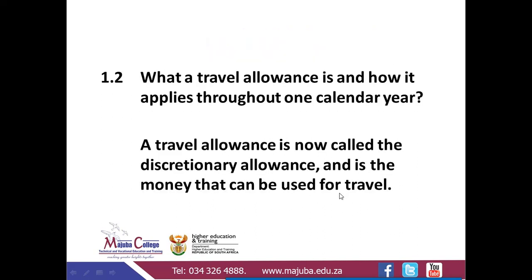Then when we move on, we're looking now at 1.2, still on page 3 of your textbook: what a travel allowance is and how it applies throughout one calendar year. We now know, as well-trained travel consultants, a travel allowance is now called the discretionary allowance and is the money that can be used for travel.